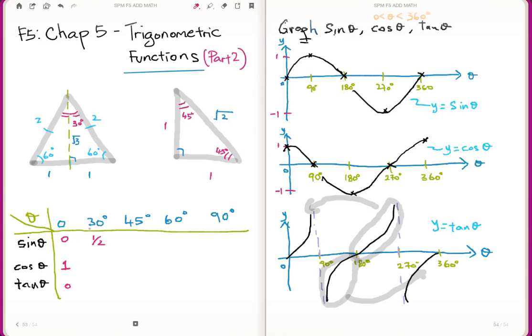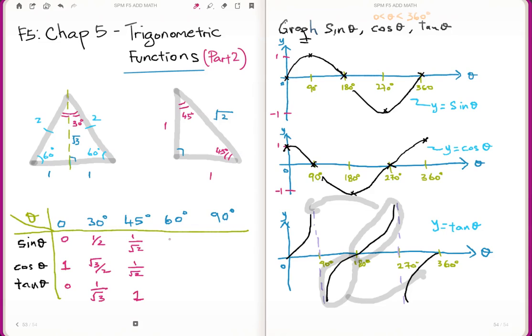Cos 30 will be root 3 over 2. Tangent 30 is 1 over root 3. I think I've gone through it in my first video, so this serves as a revision. So sine 45 is 1 over root 2. Cos 45, 1 over root 2. Tangent 45 is 1.